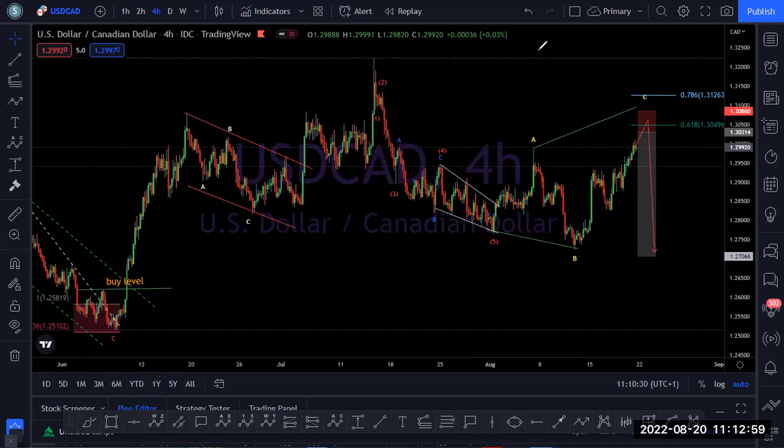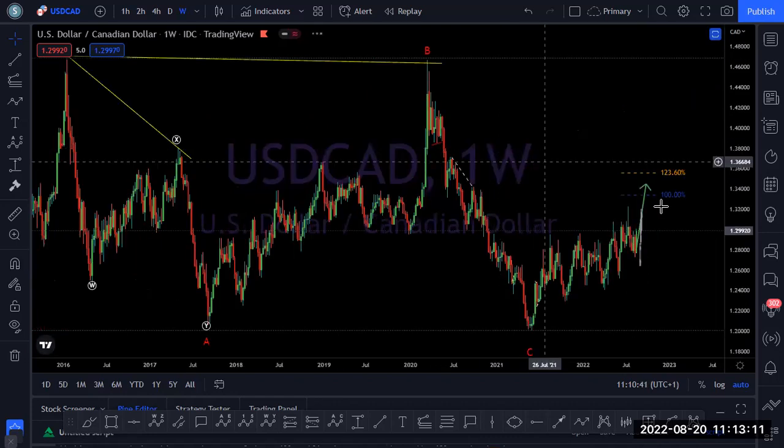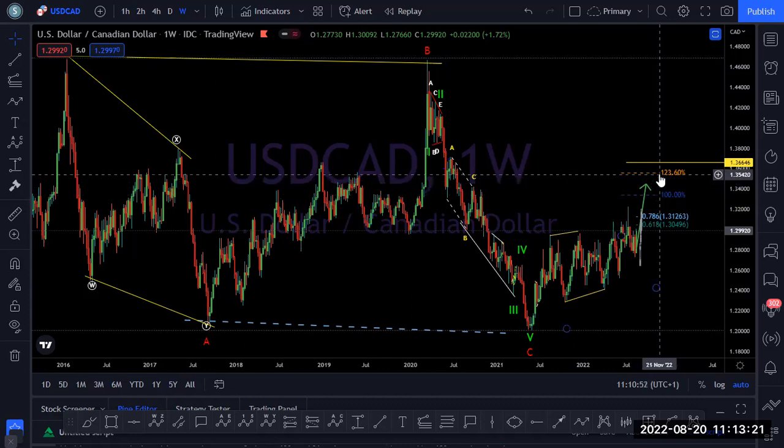Hope you know from last week's chart that we are heading to a new high. Let me show you the weekly chart again to refresh the memory. So this is where we are going to. Based on weekly and daily, we are going to 1.34, 1.334, and 1.35.